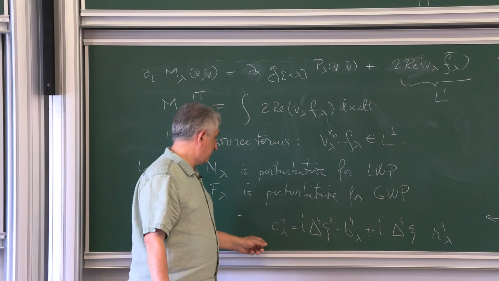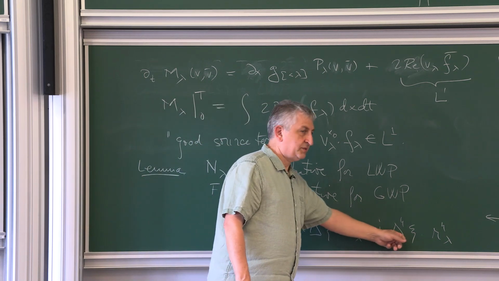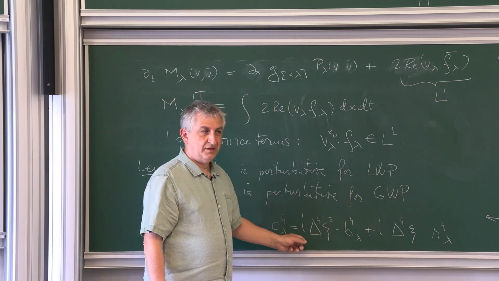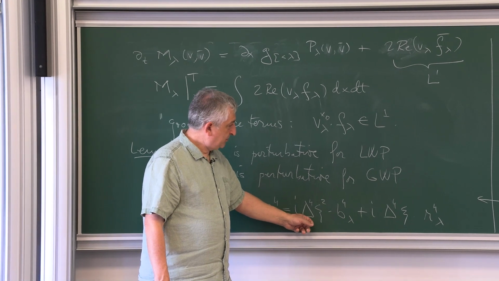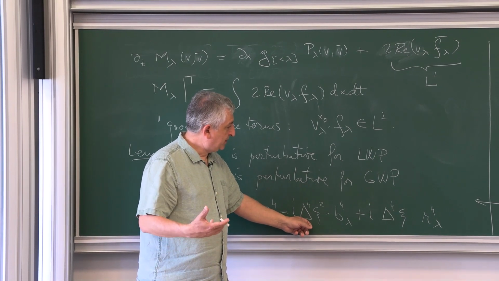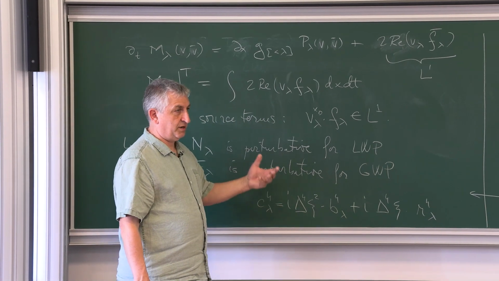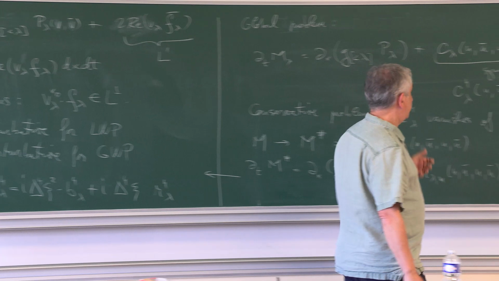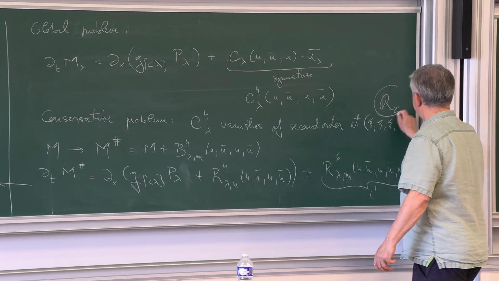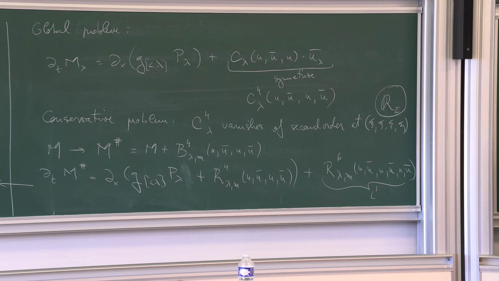This obviously would require that this C4 vanishes when these two symbols vanish. That would be the case if C lambda 4 vanishes on R. But I was telling you that C lambda 4 doesn't vanish on R, it vanishes only on R2 of second order.